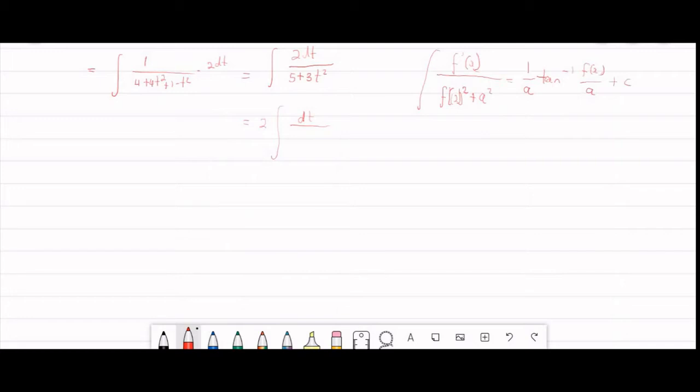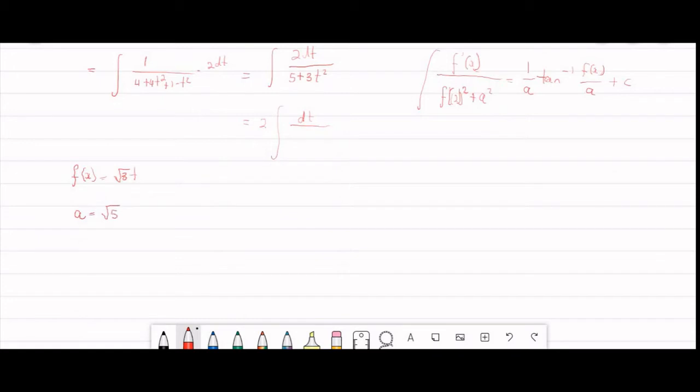Here we have our f at x, which is equal to the square root of 3 times t. Let's say this is our f at x, and our a will be equal to the square root of 5. Why is that?